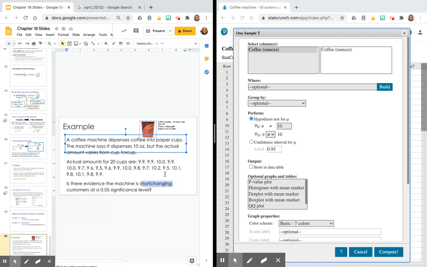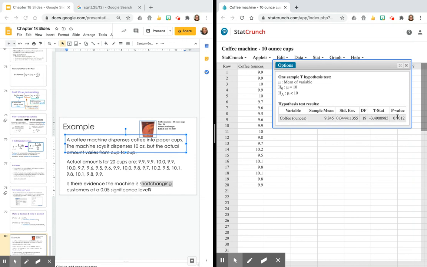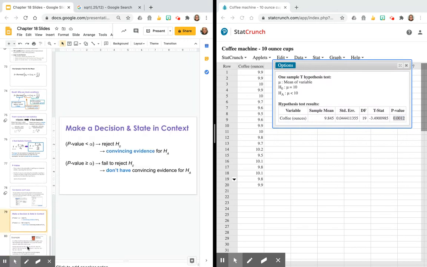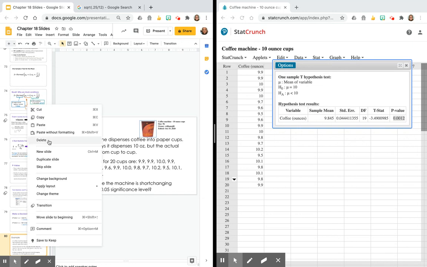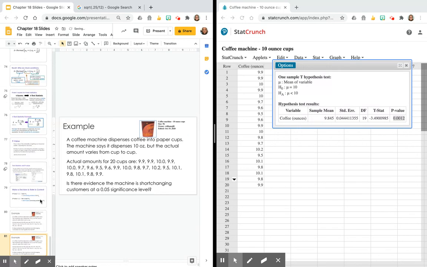If it's short-changing, it's less than. So we're going to do less than, compute, and my p-value is 0.012. So real quick, I don't have this answer typed in here, but I'll go ahead and add it in just so that you can see me write one out, and it'll be the last thing.